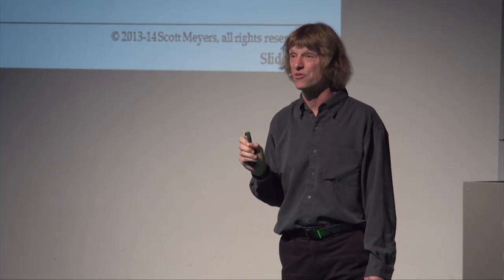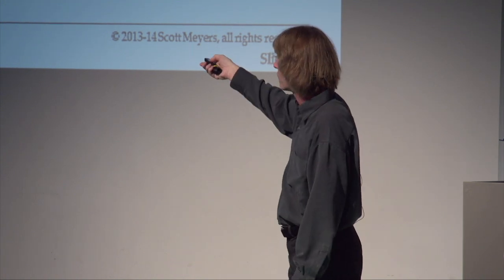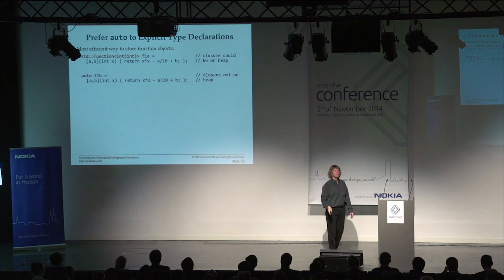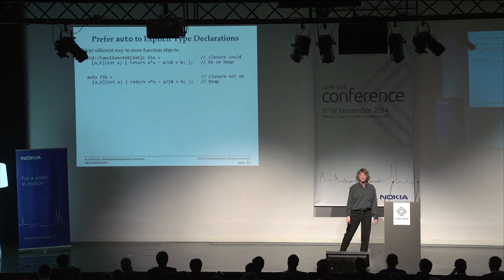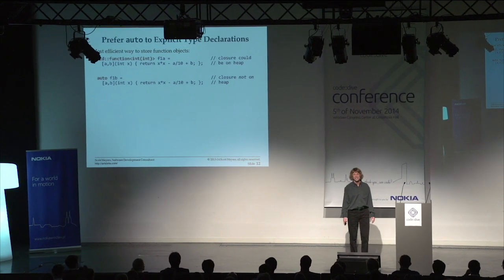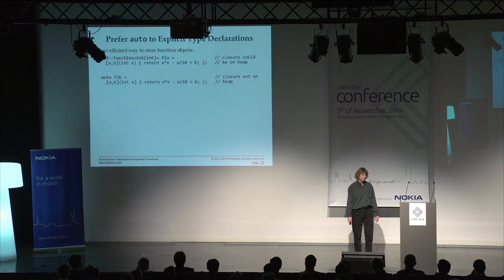It is guaranteed to either be global or on the stack, depending on where f1b is. So auto is the most efficient way to store function objects, because it can always set aside exactly the amount of memory that is required.